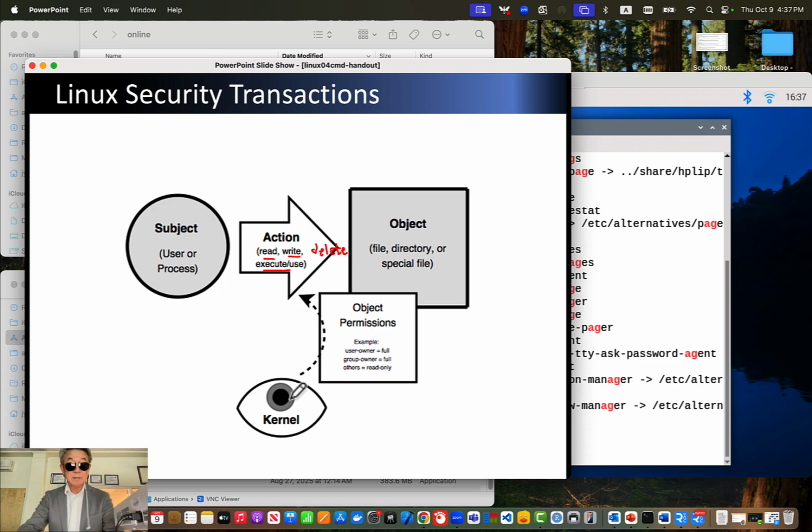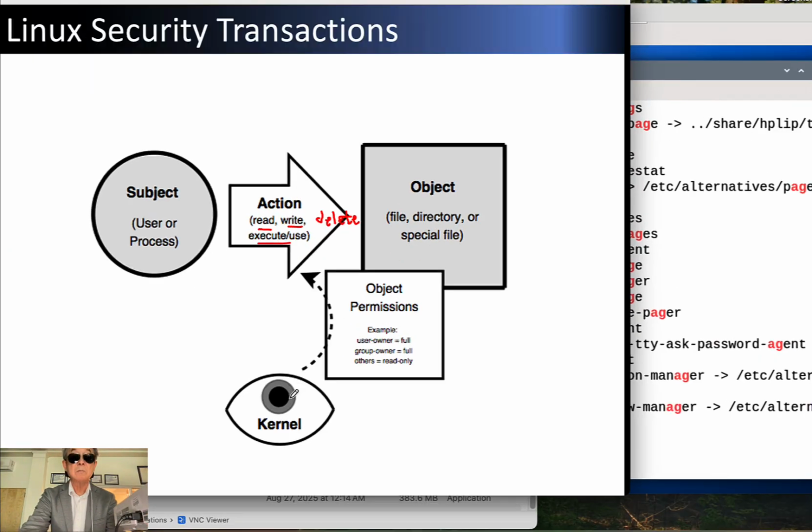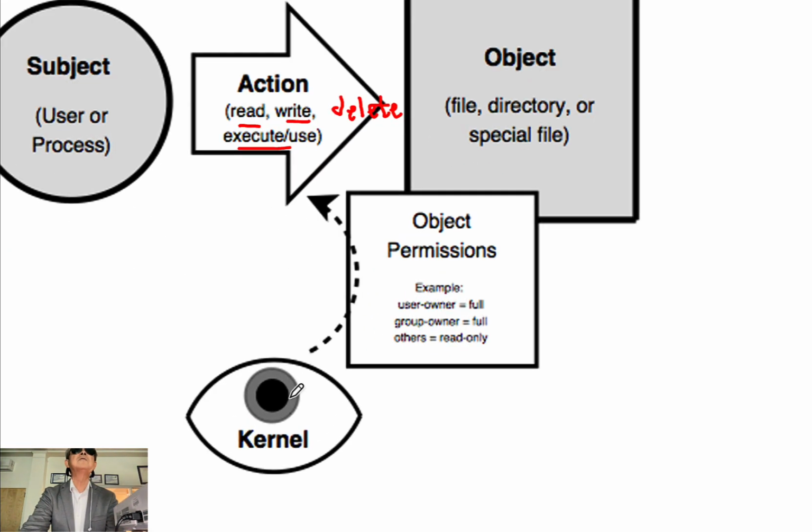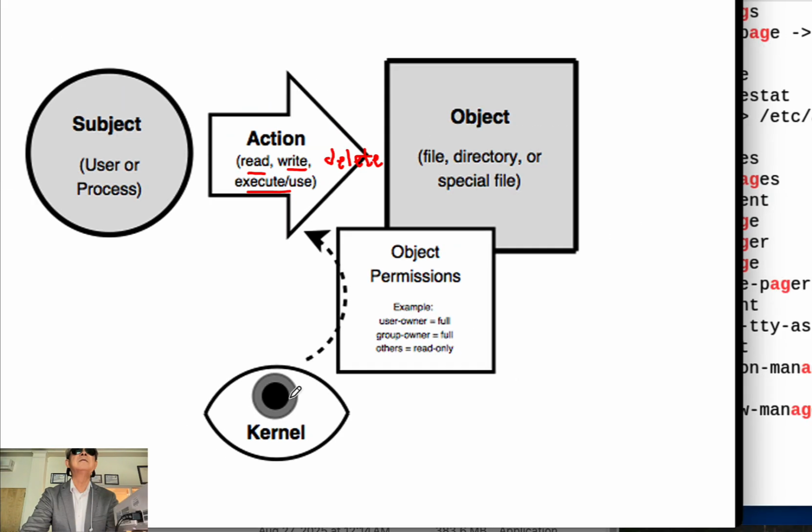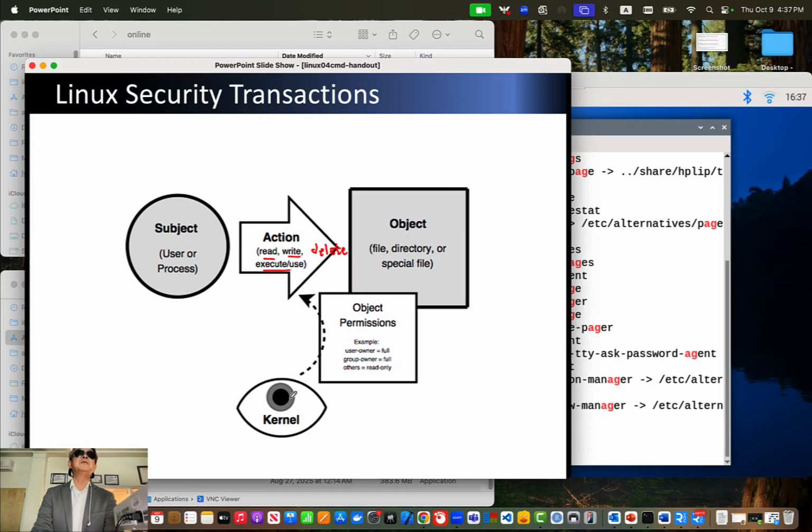I don't see it clearly. It says user owner, group owner, other, that is user, group, others. So in that permission, the owner of a file can read, write, or execute. Or we also have the group that the owner is involved in.